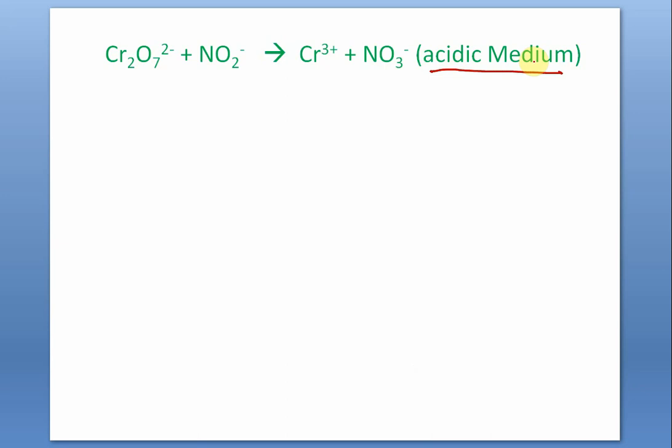Automatically when you follow the rules, H plus ion and water will come on some side or the other. They may come on opposite sides, H plus on one side, water on the opposite side, or sometimes both might come on the same side. Usually H plus appears in LHS, water appears in the RHS.